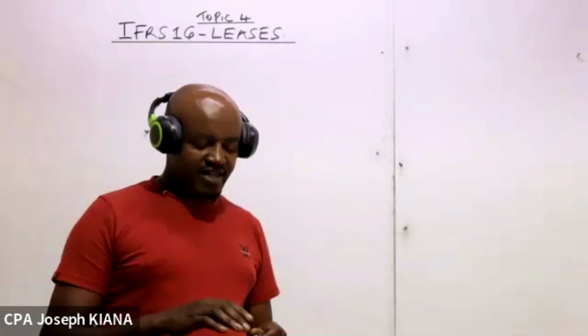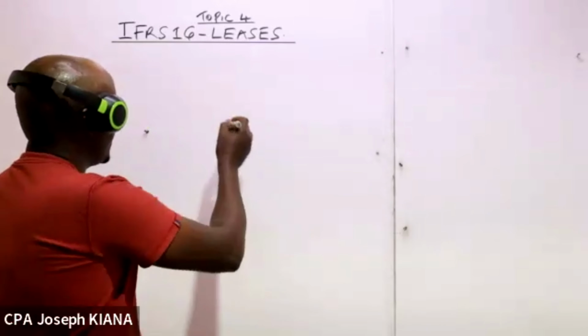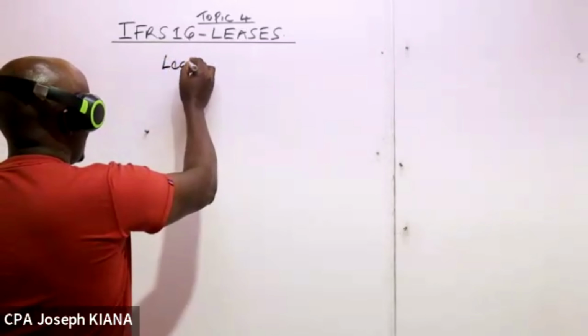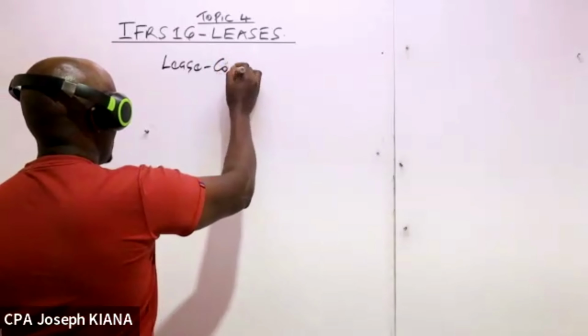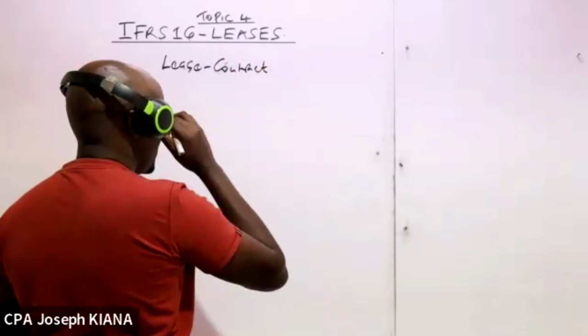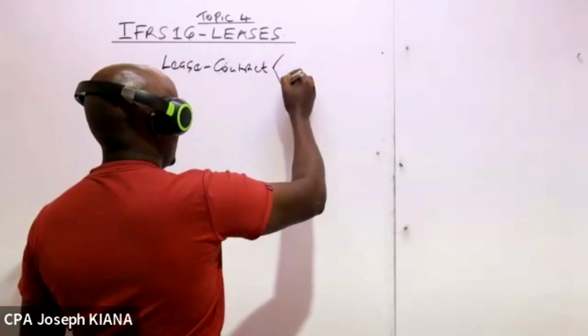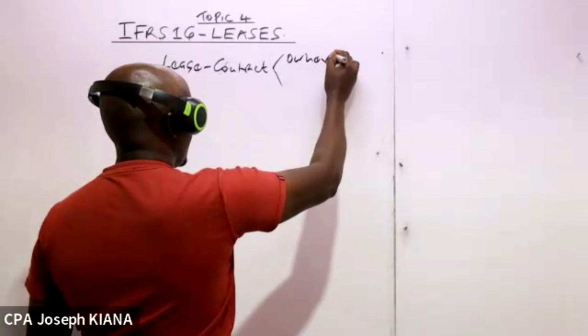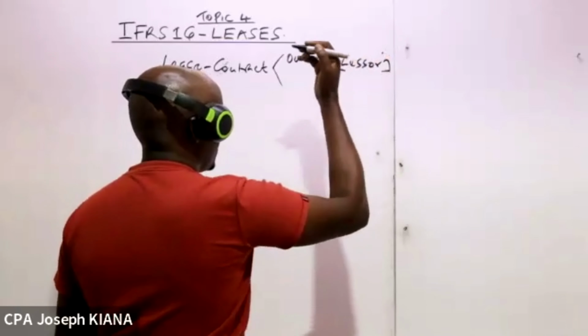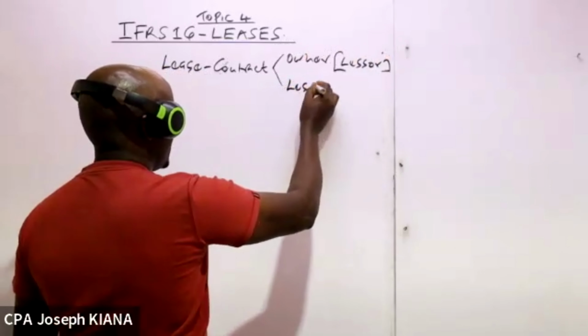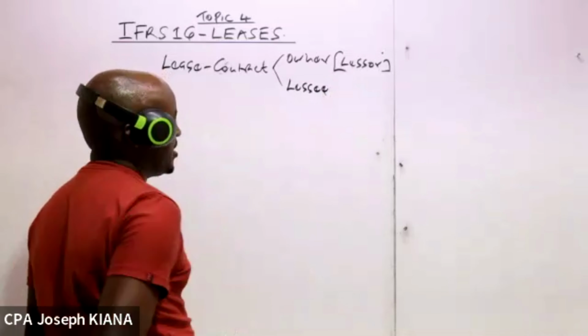So generally, we say that this is a contract which is entered into between two parties. We have the first party, who is the owner of the asset, and this owner of the asset is called the lessor, and then we have the other party, who is called the lessee.